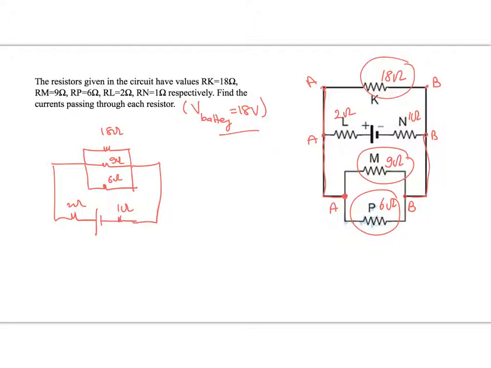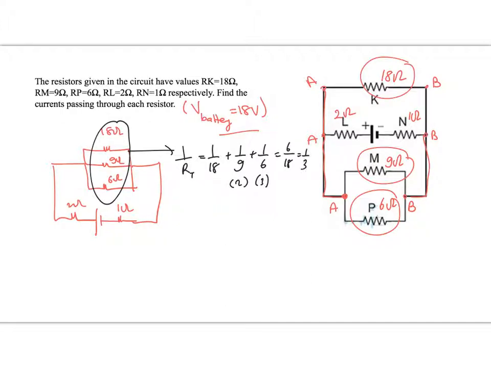So first let's combine these parallel values. The 1 over R total is equal to 1 over 18 plus 1 over 9 plus 1 over 6. So I have 6 over 18, which is equal to 1 over 3. So the total resistance is equal to 3 ohm. 3 ohm, 1 and 2 are in series, so the equivalent resistance will be equal to 3 plus 2 plus 1, which is equal to 6 ohm.